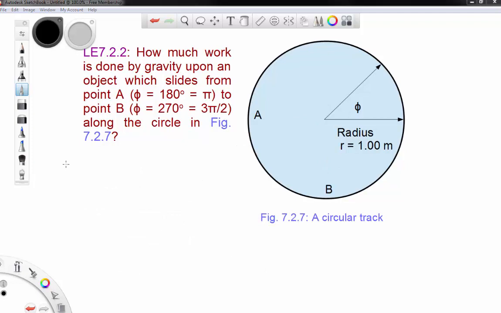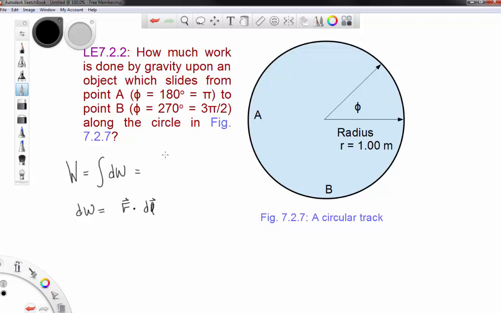Okay. In general, we can write that the work done by whatever force is going to be the integral of this differential work. The differential work is going to be force dotted with the differential displacement vector, dl. This is true by definition.